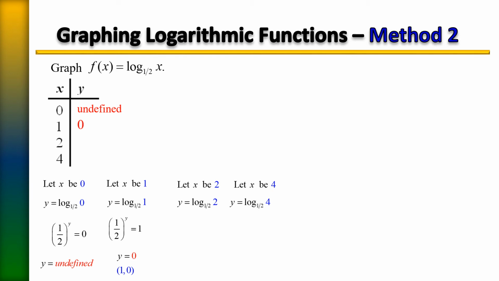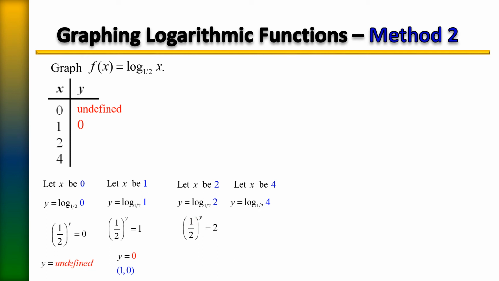Moving on to the next one, if you plug in a 2 for x, we'll have 1/2 raised to the y power equals 2. I'm looking for a number that would give me 2 when I raise 1/2 to that power. So what do you think it is? Well, let's think about it. My fraction is 1/2.